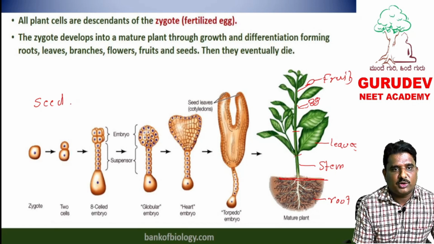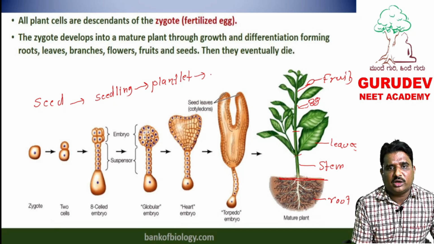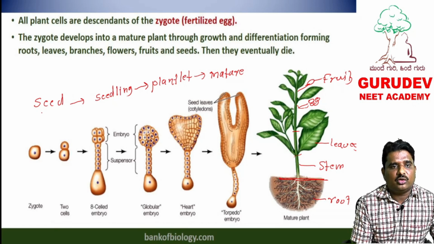Seed is going to be converted into seedling. Seedling is going to be converted into plantlet, and the plantlet is going to be converted into a mature plant. We are aware of these terms. What is the seed? This is the fertilized ovule, we can call it a seed.